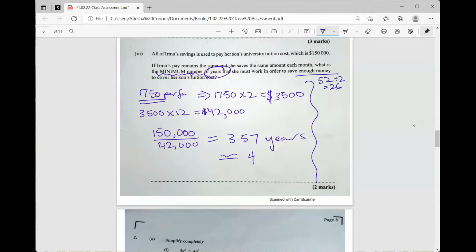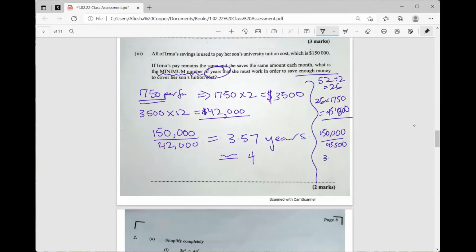So you know that she's saving 26 by 1,750 to give you 45,500. So this is for the year one way and this is for the year the other way. Both methods, you have to divide 150,000 by your answer.